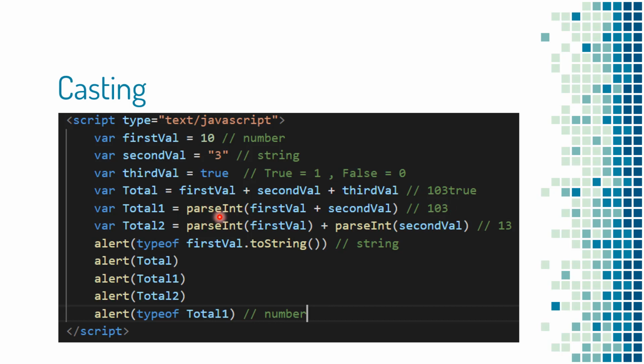The parseInt here is going to convert the 103 string into the 103 number. If you want to perform this operation on both sides as a parse integer, then you may do something like this. You parse integer the first one, and then the second one. In this case, the output is going to be 13.